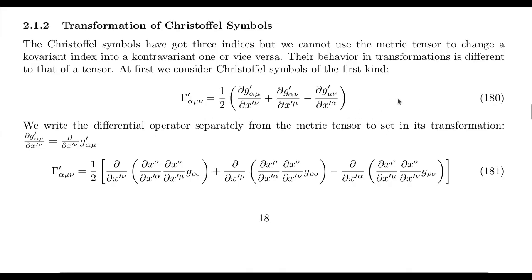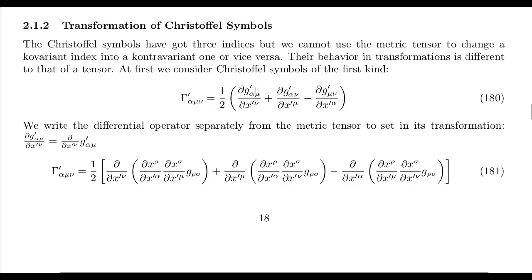Now here we have in 180 the definition of a Christoffel symbol of the first kind, and we want to write the differential operator separately from the metric tensor, and so we use the transformation law for a tensor.